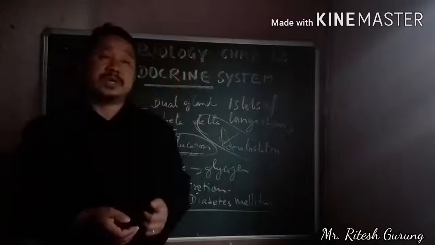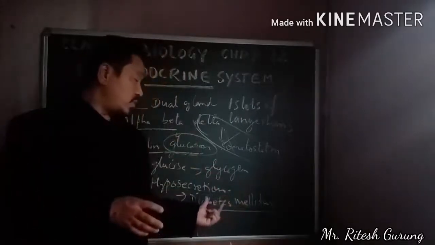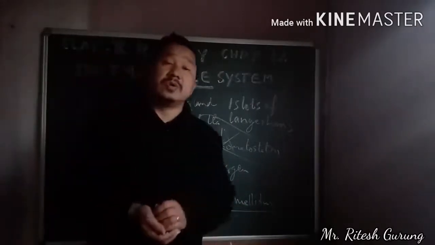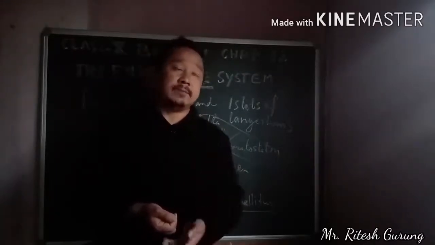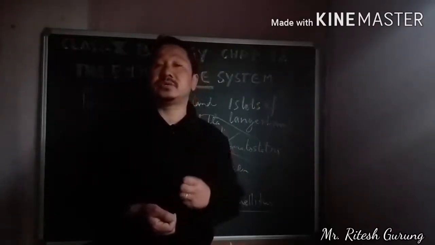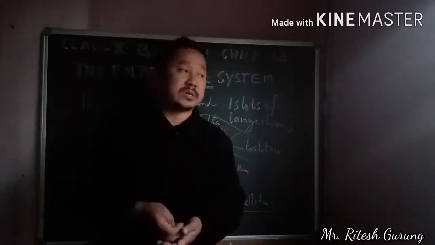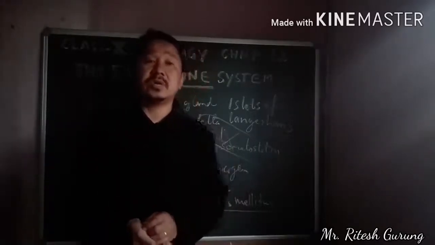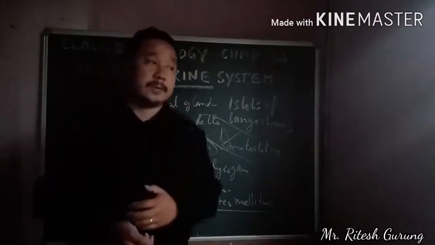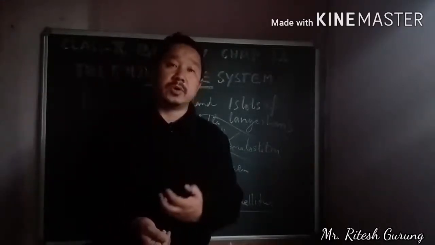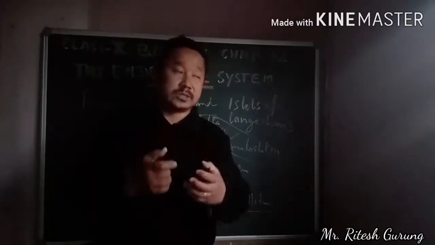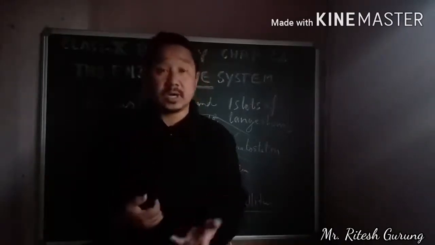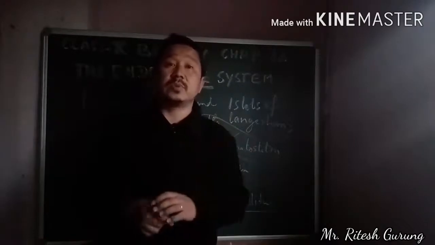Then the person who is having this problem called diabetes mellitus will be losing body weight. Then he or she feels so thirsty, because of the excessive loss of water from the body in the form of urine, and the urine is loaded with sugar. So this kind of problems will be there.